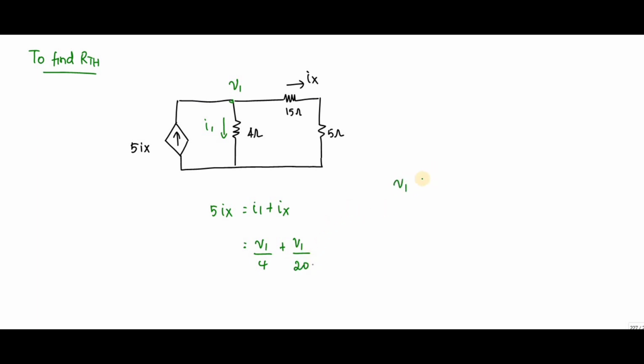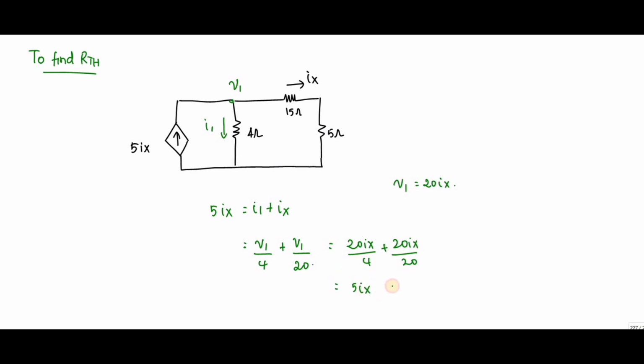What is V1? These two resistors are in series, so V1 is equal to 20ix. So this I can write as 20ix by 4 plus 20ix by 20.